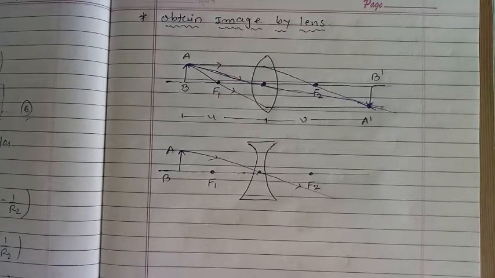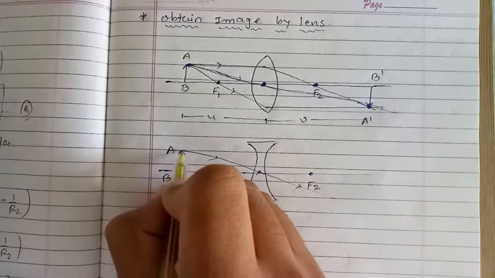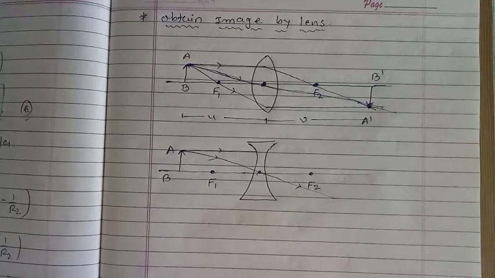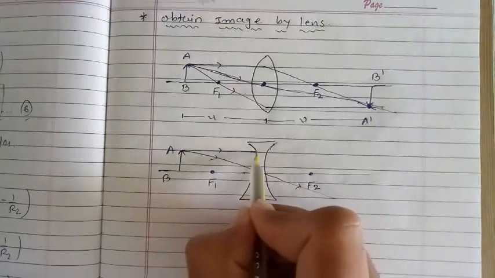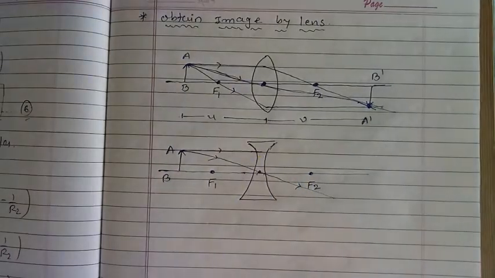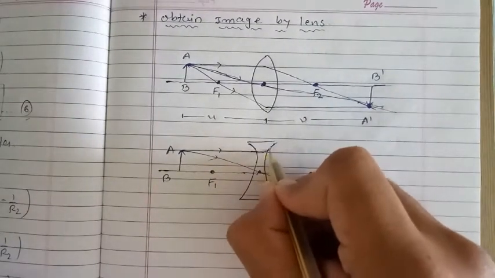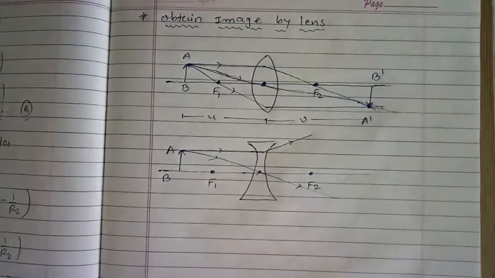Now a ray of light is parallel to the principal axis, like this. After refraction, since this is a concave lens, it passes like this, so it appears to diverge, we can say.